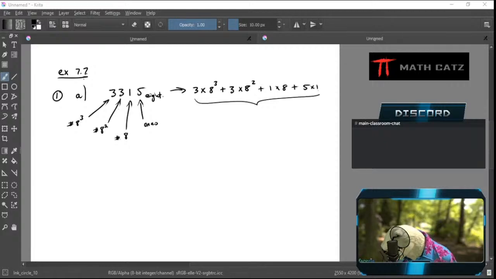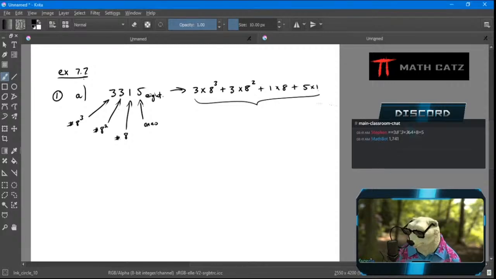So let's see here. 3 times 8 to the power of 3, which I may or may not know. 3 times 8 squared, I know that's 64, plus 1 times 8 is just 8, plus 5 times 1 is just 5. What do we get? We get 1,741. Put a comma there if you like.